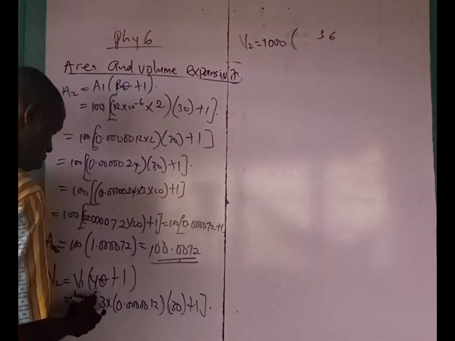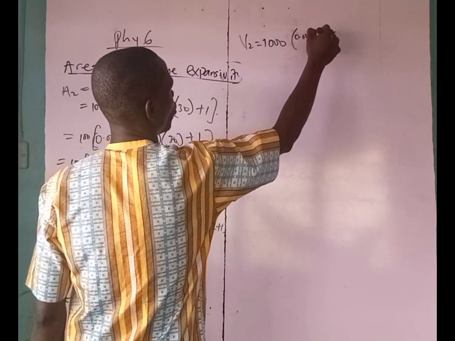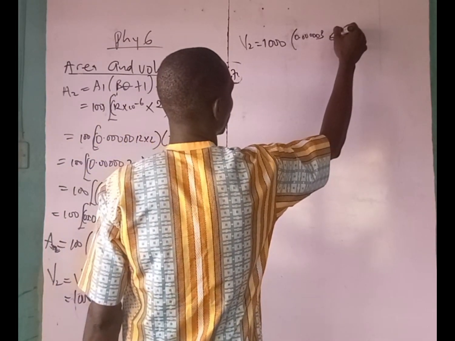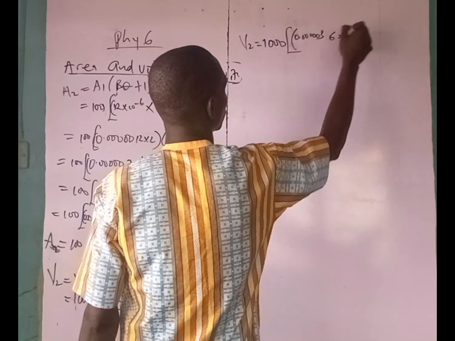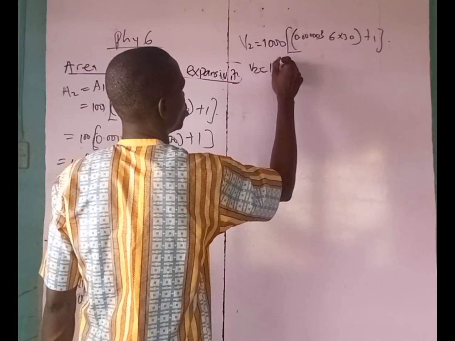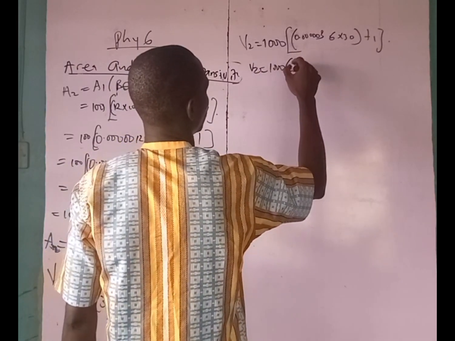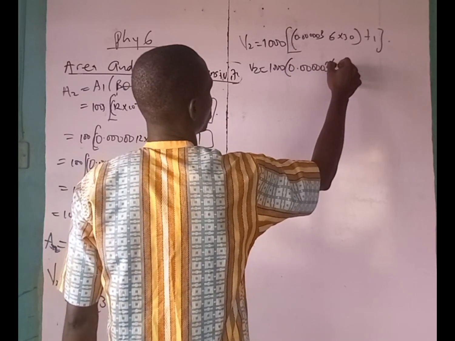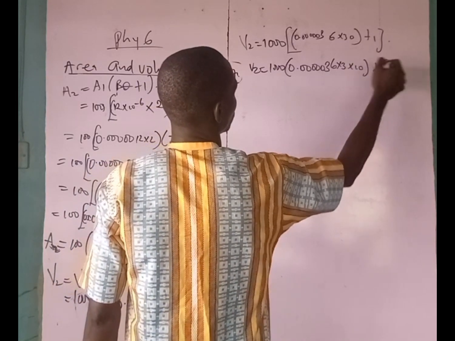Then times 30 plus 1. V2 now will be 1000 into, let's multiply this as we did the other one, 0.00000036 times 3 times 10 plus 1.